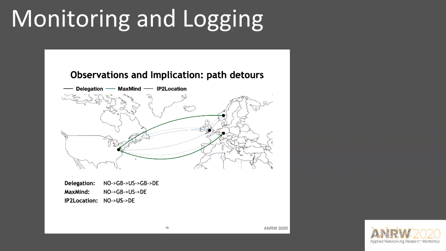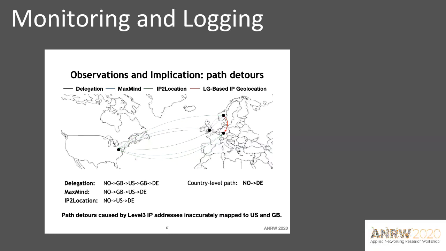For such paths, we expect that the path geomappings indicate that the path remains in the same region. So, when considering a path that starts in Norway and ends in Germany, we expect that all the hops along the path are mapped to locations within Europe.